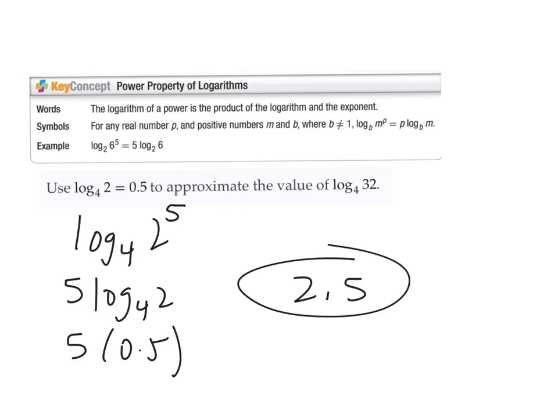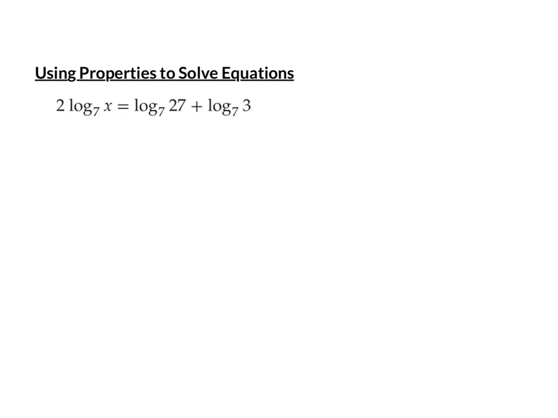Alright, let's look at some equations. So here are the types of equations that we're going to be looking at today. And at this point, what we're trying to do is turn them into the equations that you were solving yesterday. And they aren't there yet.